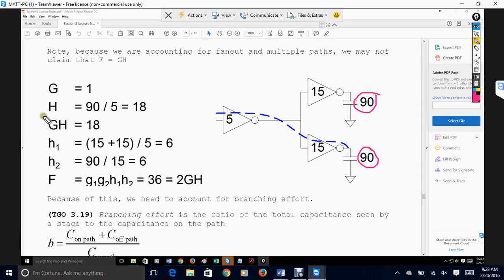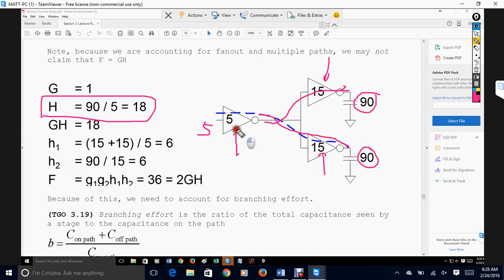So the H just becomes 90/5 in both cases. So 90/5 is 18, and the stage is 1, because remember it's the product law, so it's 1 times 1 equals 1.